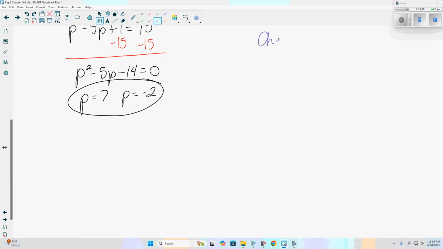And again, just like we've seen several times today, we would definitely need to check this and make sure that this works. We need to plug these values back into our original equation, p plus 1 is equal to the square root of 7p plus 15, to make sure that either one, both, or neither of these work. We need to see which ones work. Now, out of the two of them, as we've seen so far, the positive case is the one that normally works.